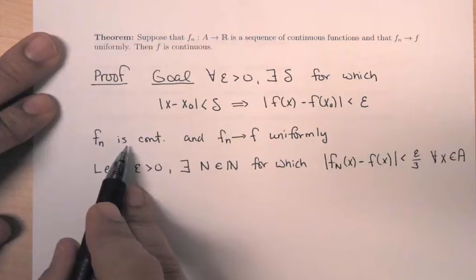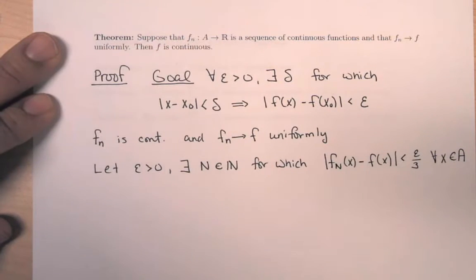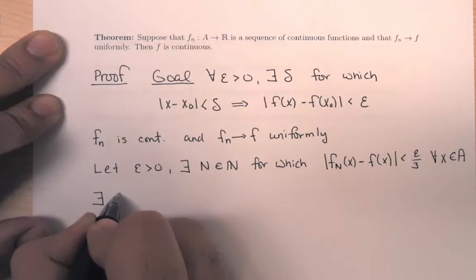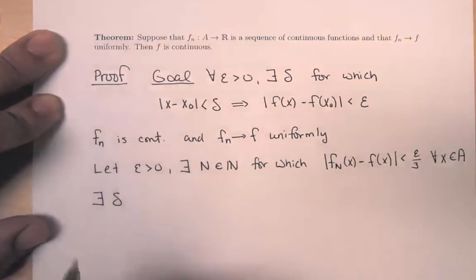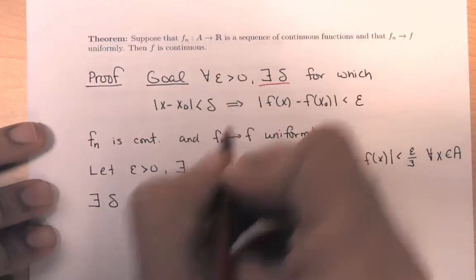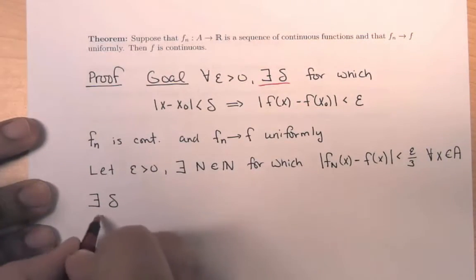Now, the fact that fn is continuous for every n means there exists a delta, and this delta is going to be the delta in our goal.